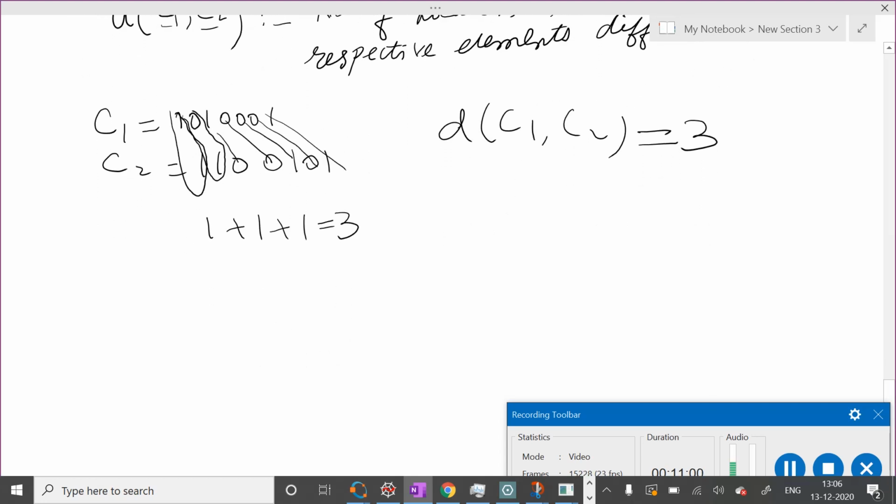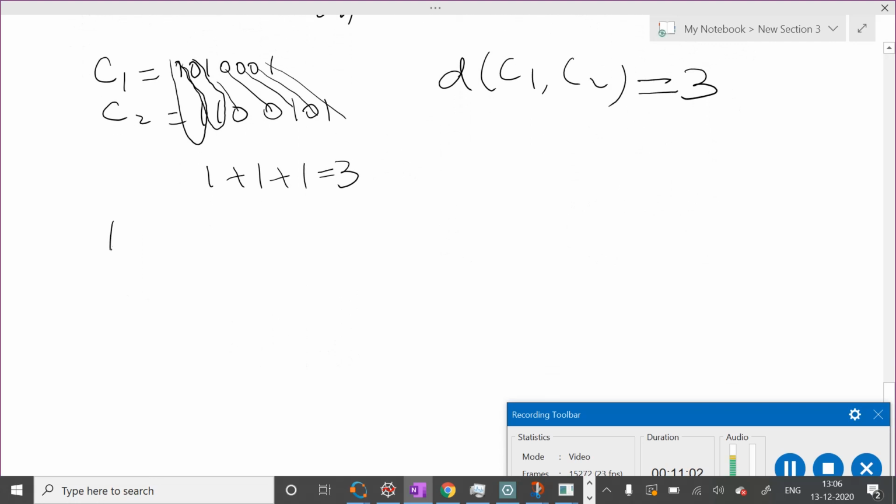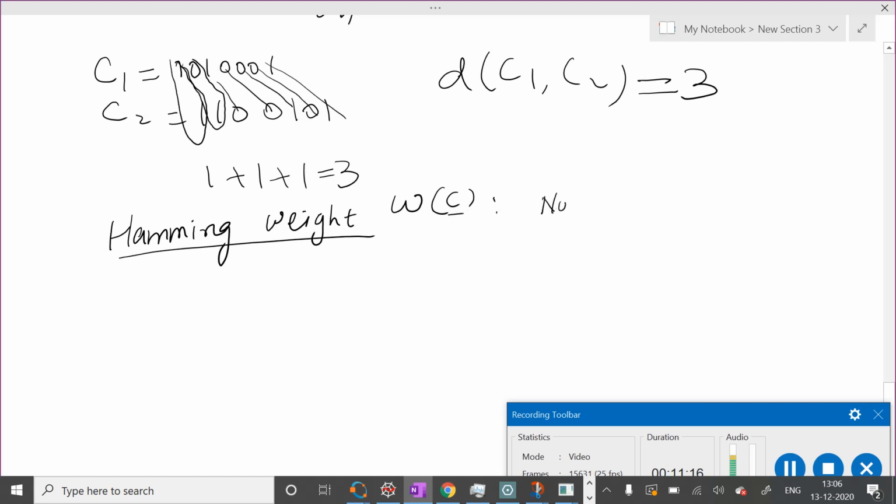There is another quantity called Hamming weight. We denote it as w(C). Hamming weight is defined as the number of non-zero elements in the code.